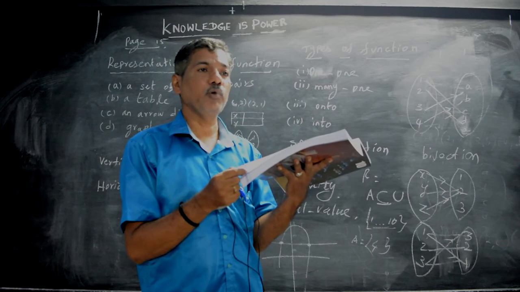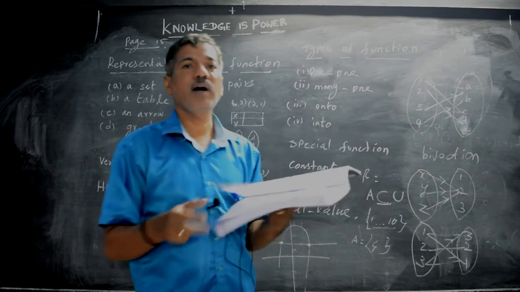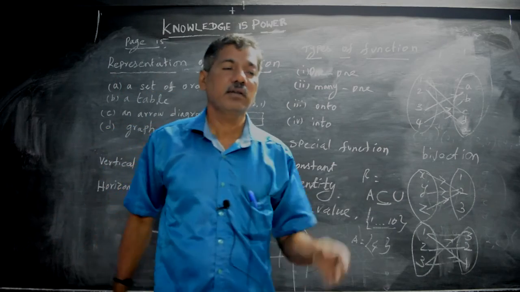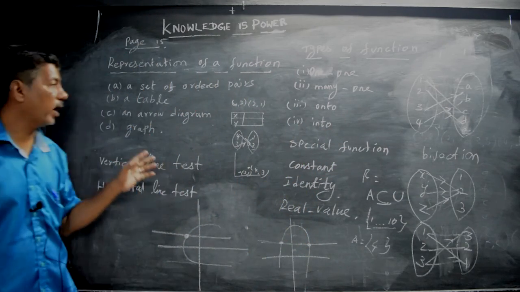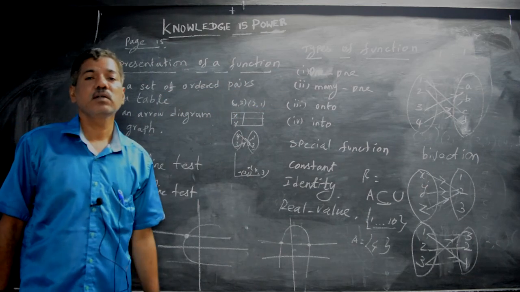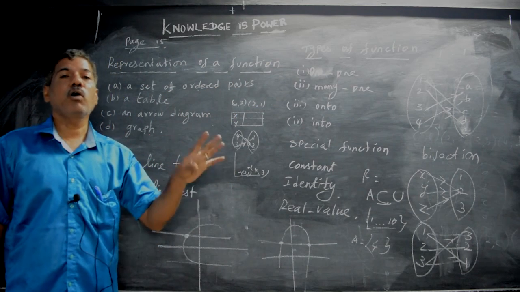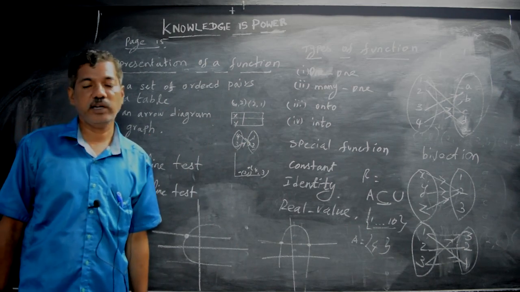Exercise sums I will mostly do, other than homework. So today's homework is to read all the definitions and practice representation of function and types of function. Not all the time as a sum; sometimes you get questions in definition. It's clear? Okay.